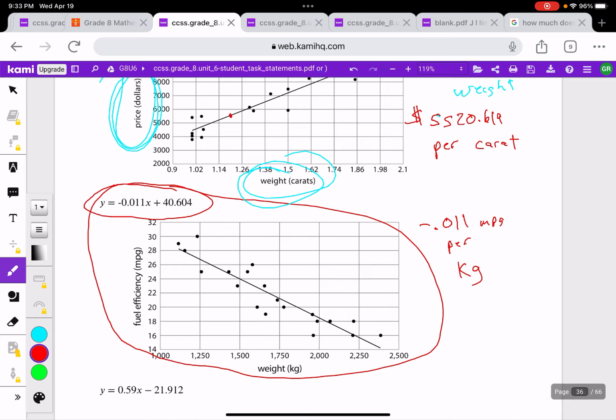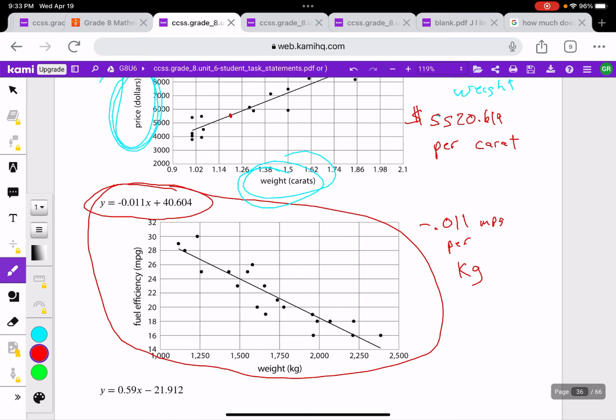So if you added a kilogram, no, you're not going from 30 to 29. You're going from 30 to 29.989 or something like that. Yeah, something like that. A kilogram is not much to add to a car. So it is going down.